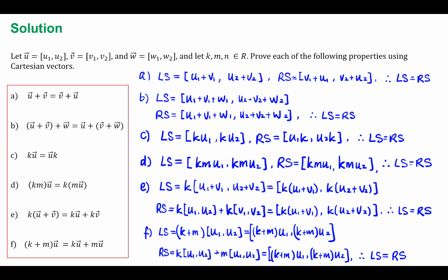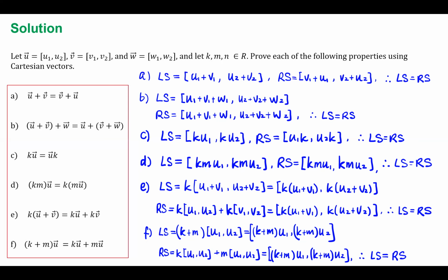The right side is k times u1, u2 plus k times v1, v2, which also gives us k times (u1 plus v1) and k times (u2 plus v2) as the two components. Therefore, we have proved the left side equals the right side.